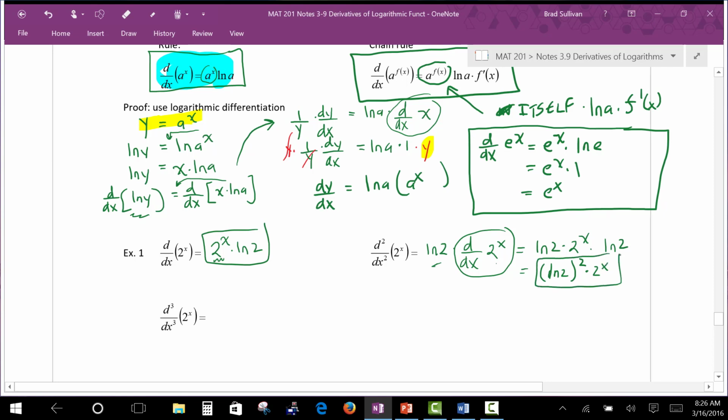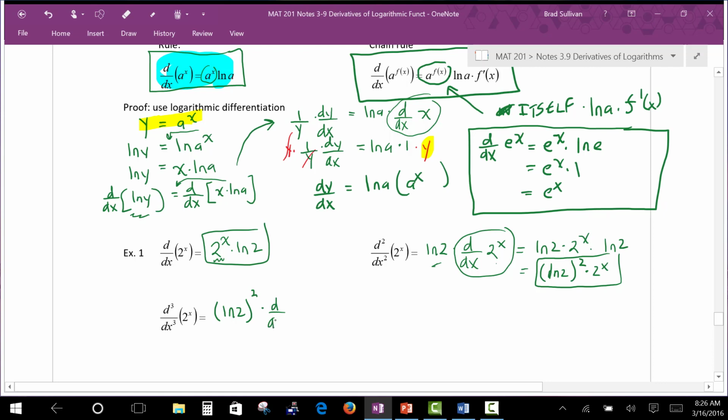What do you predict the third derivative is going to be? ln of 2 to the third times 2 to the x. Yeah, so it's going to go to another power. Exactly. When we do the derivative of this again, the ln of 2 to the second is a constant, so that's not a part of the derivative.